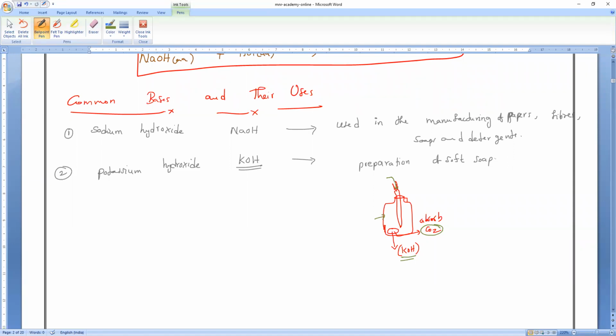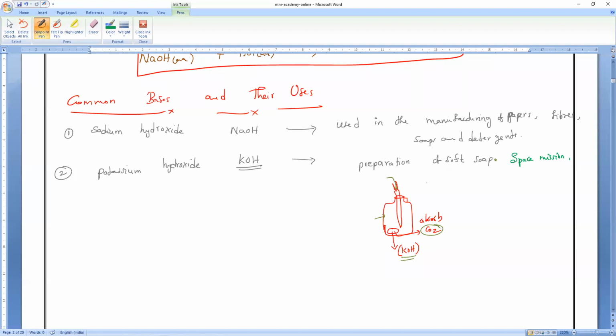For the preparation of soft soap, we will use this one, everybody. And we will use it mainly in space missions. You all know, correct guys? We send rockets to space. There the people, in the respiration reaction, release what? Carbon dioxide, correct or not? But there carbon dioxide cannot be allowed to build up because they are living in space.